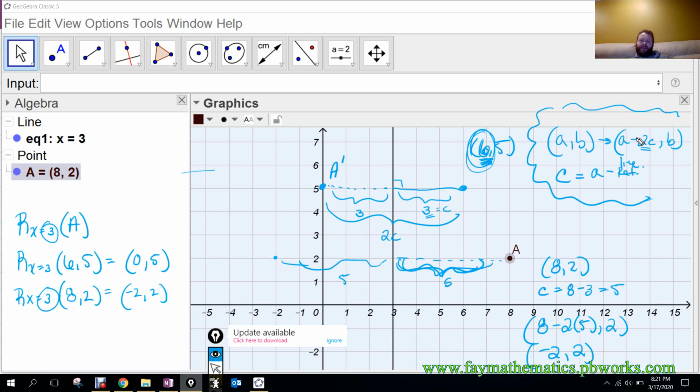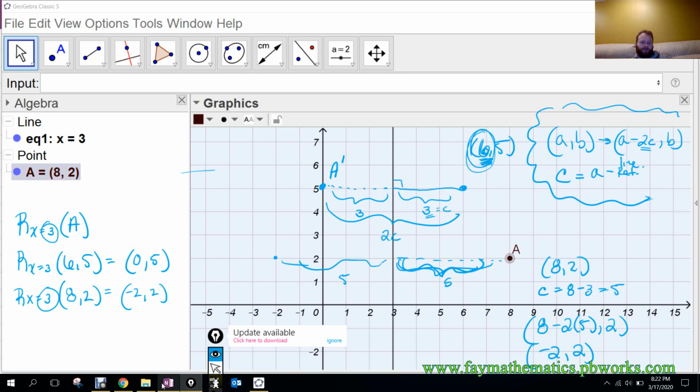All that would happen is you would have an A comma, and then your y value would be B minus 2C, because that is what's changing with a vertical reflection. When you reflect over a horizontal line, the y values are what change, not the x's.